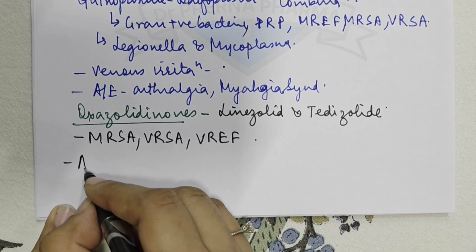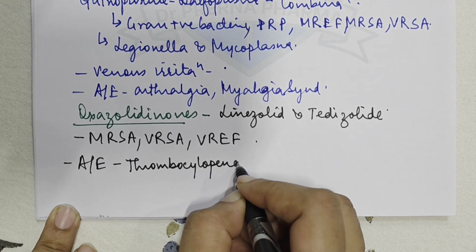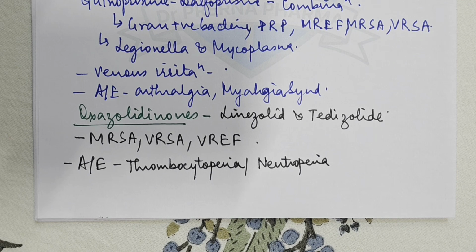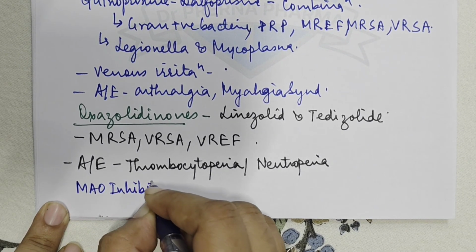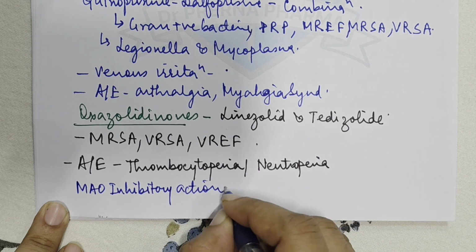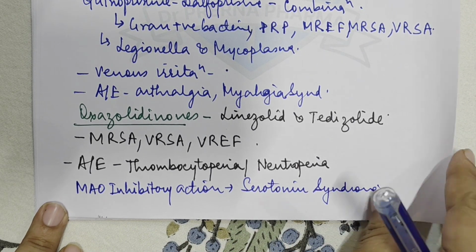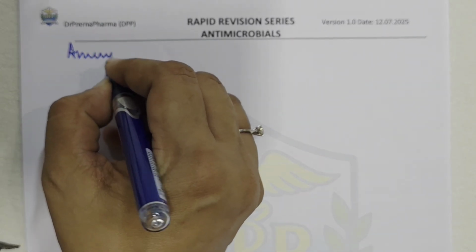The major adverse effect of these drugs is thrombocytopenia or neutropenia, right? And these drugs also have a MAO inhibitory action, so they can also cause serotonin syndrome.